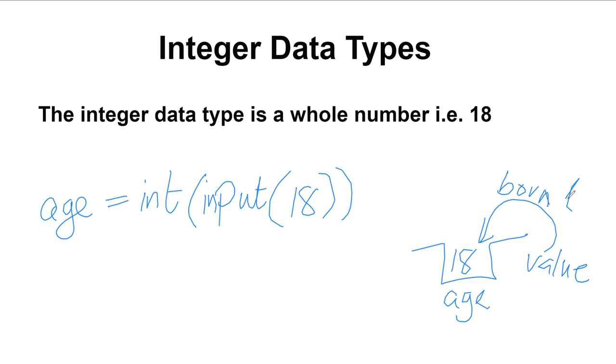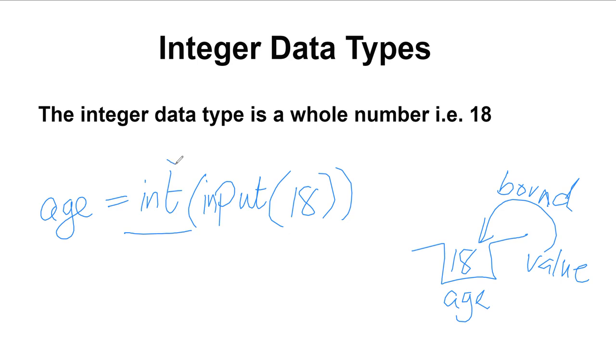Now, in this example, input takes in the integer value. Now we have to specify that this is an integer value because, as we said before, input automatically assumes that the value it's receiving is a string.